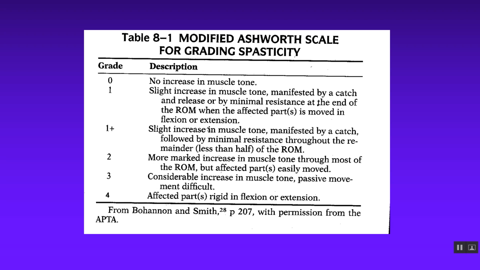A 1 is a slight increase in muscle tone manifested by a catch and release or by minimal resistance at the end of range of motion when the affected part is moved into flexion or extension. So if I lift your leg up, a 1 would be, I go to lift your leg up and bend your knee and I feel a little initial catch where it's a little hard to unlock the knee. But then once I unlock the knee, it moves really pretty easy.